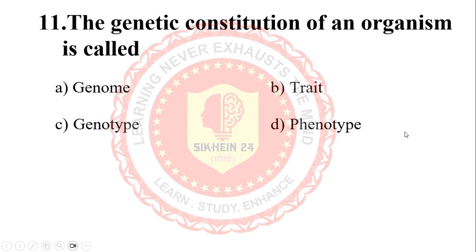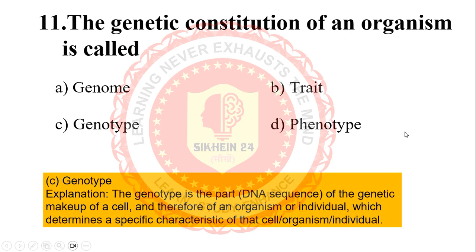Genotype is the DNA sequence of the genetic makeup of a cell, and therefore of an organism or individual, which determines the specific characteristics of that cell, organism or individual. So we go with option C.